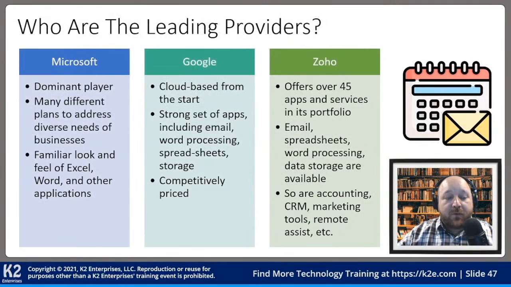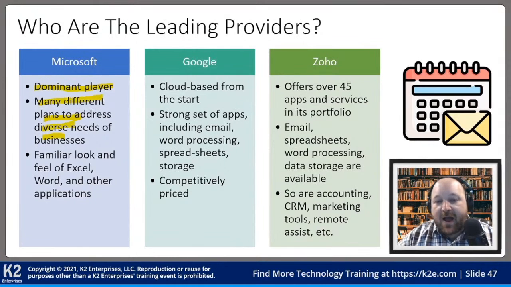Now, Microsoft, with their 365 offering, is definitely the dominant player in this market. They have a lot of different applications to address the diverse needs of businesses, and it is a set of cloud tools as well as your licensing for Office. So that's why it gets probably my highest recommendation and the one that I think most organizations are going to go with.